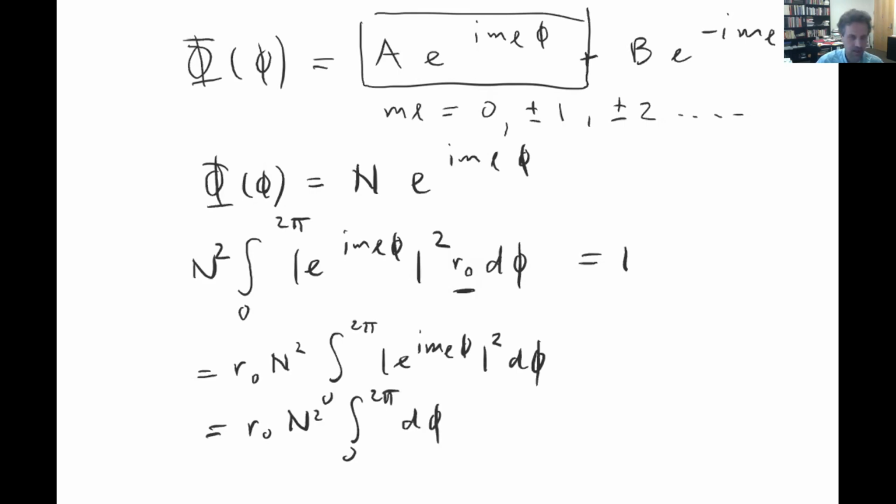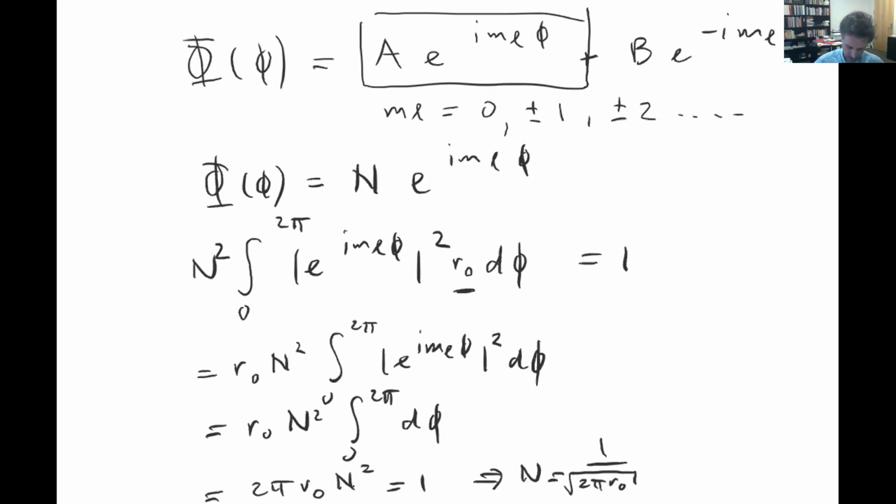The antiderivative of 1 is going to be x, or phi in this case. I let phi run from 0 to 2 pi. That means the value is going to be 2 pi. So it's going to be 2 pi r0 N squared equals 1. And that means that I can calculate N, and N is going to be 1 over 2 pi r0, and then the square root of that. So that is going to be my normalization constant.